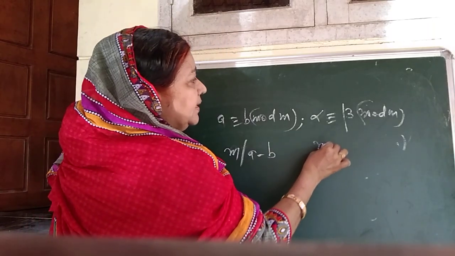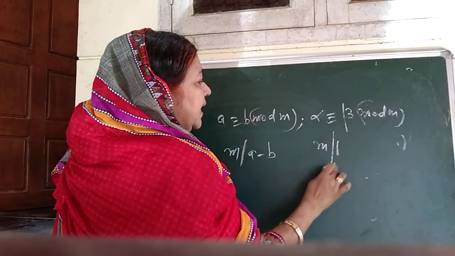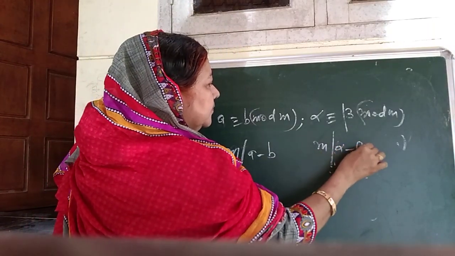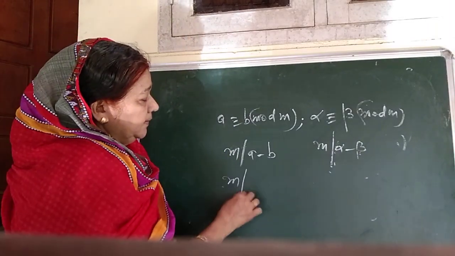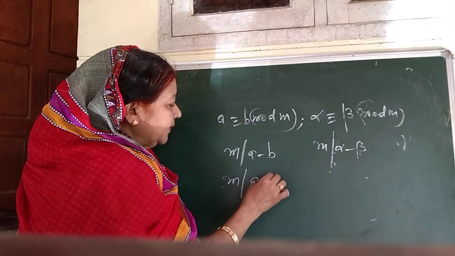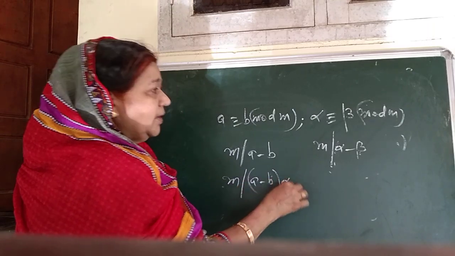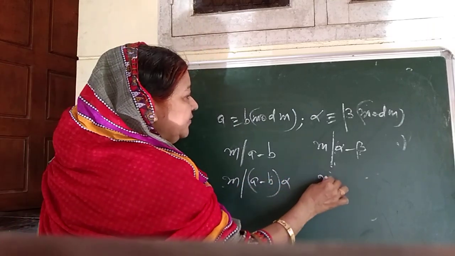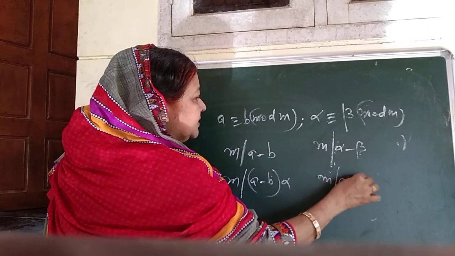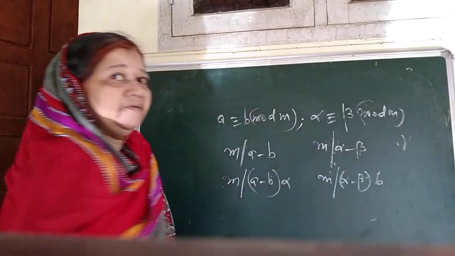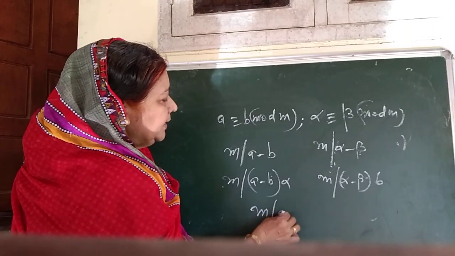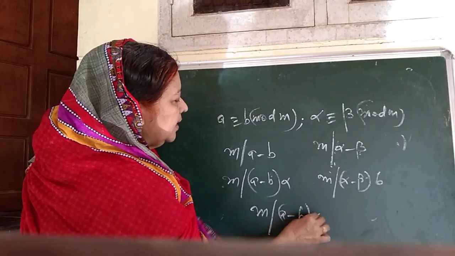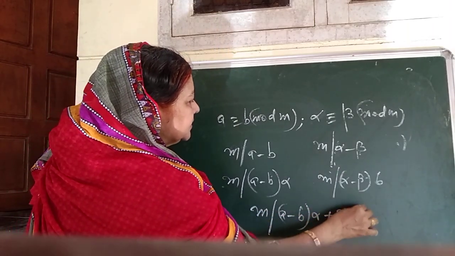Similarly, m divides alpha minus beta. Therefore, m divides (a minus b) into alpha and m divides (alpha minus beta) into b. Again, we can apply the linearity property, that is m divides (a minus b) alpha plus (alpha minus beta) b.